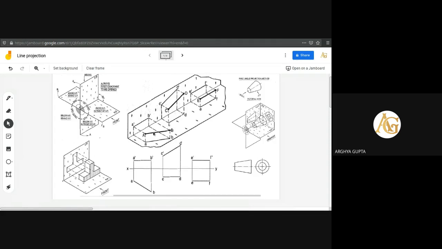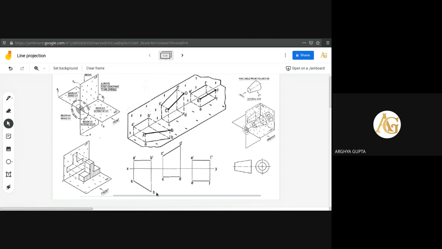Now the third case. It is parallel to the horizontal plane, because the distances of all the points from the plane are equal, but it is not parallel to the vertical plane. So the true length of the line can be seen in the horizontal plane, but not at the vertical plane.